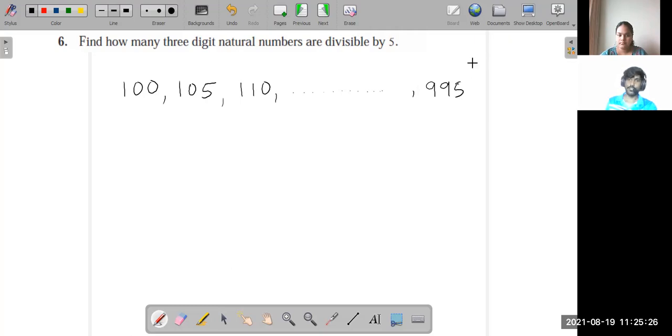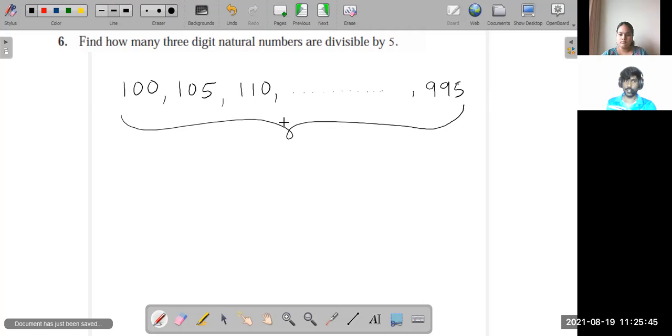After 995, if you add 5, it becomes a four-digit number, and we just need three-digit numbers. So these are all the three-digit numbers divisible by 5: 100, 105, 110, and so on. This is the sequence. So you have to find out how many total numbers there are between 100 and 995 which are divisible by 5. Is this clear what has to be done?